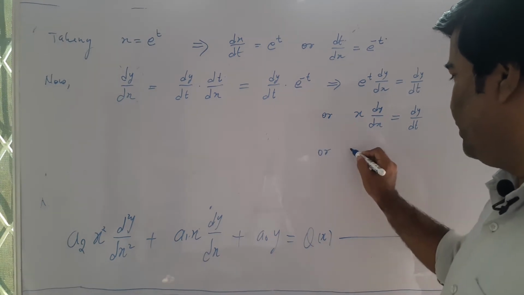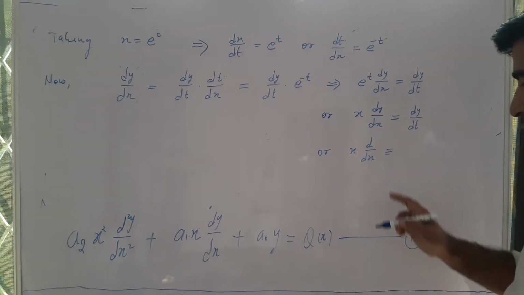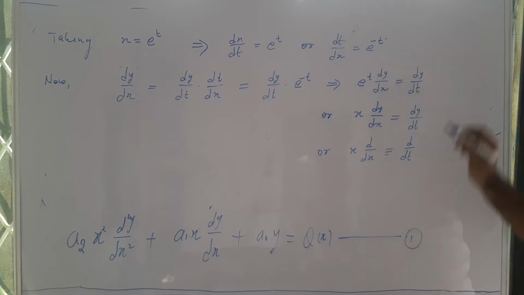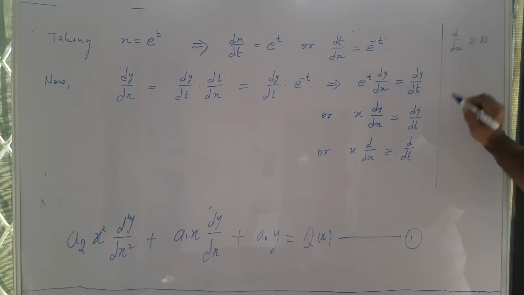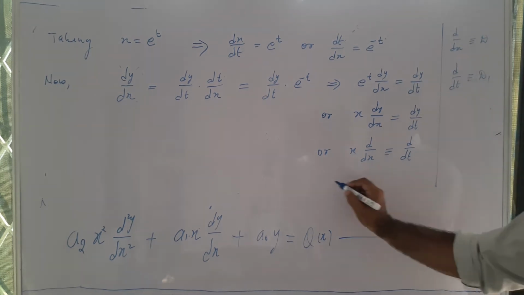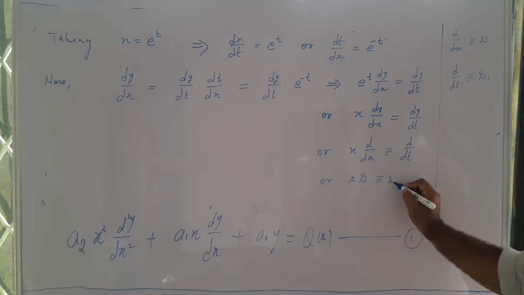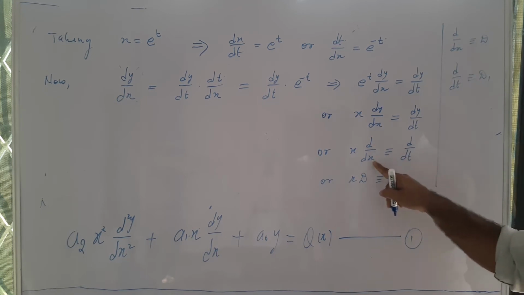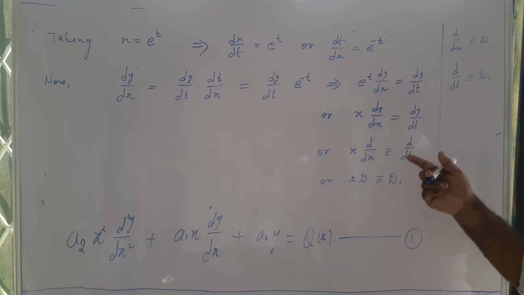Or we can say that d over dx, here we take as an operator, and this is also an operator, and if we denote d over dx by D and d over dt by D1, so here we have xD is equal to D1. Here we take an equivalent sign because we have two operators, not a function or value.